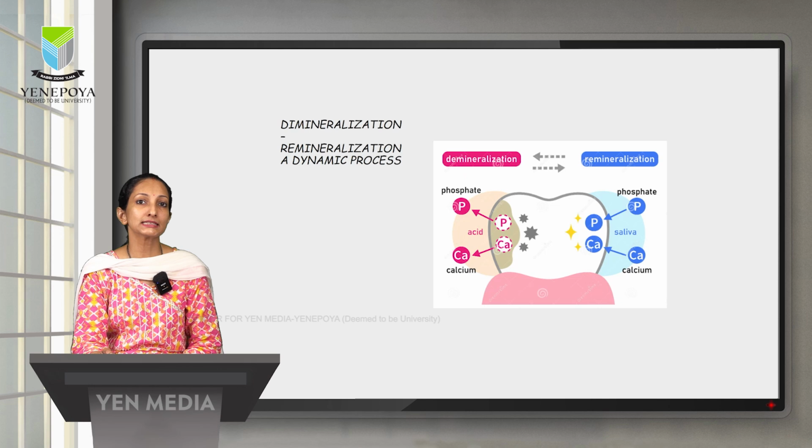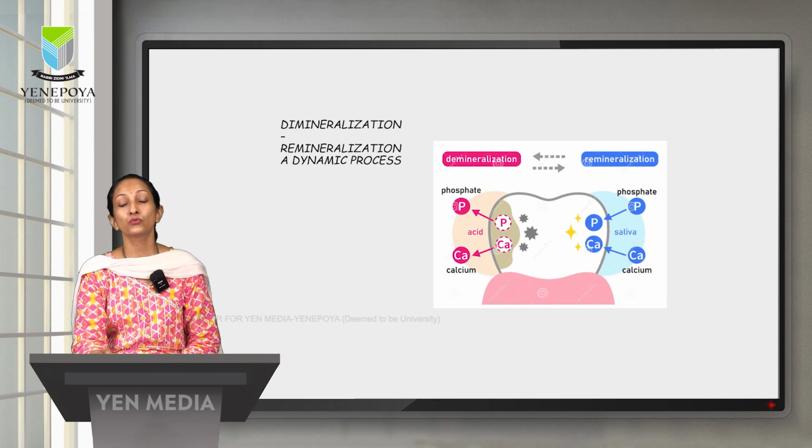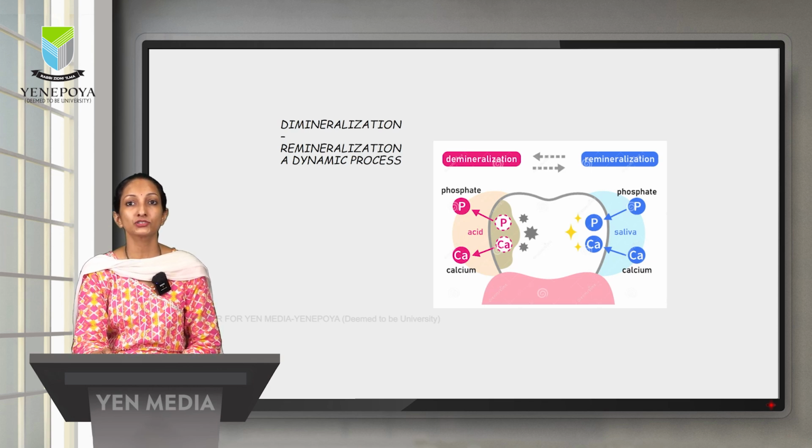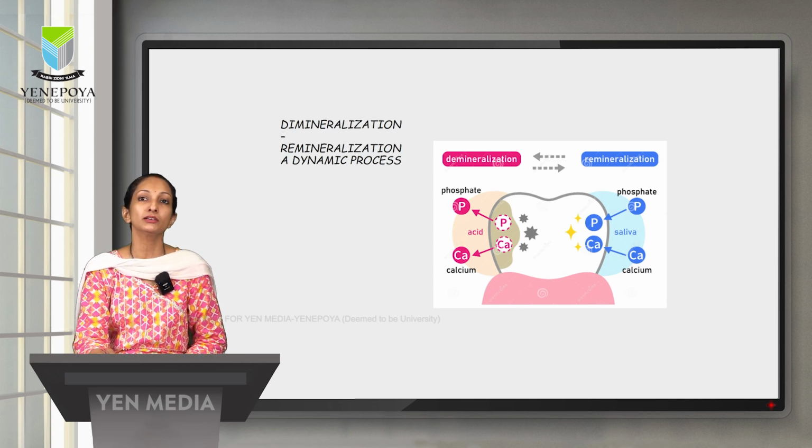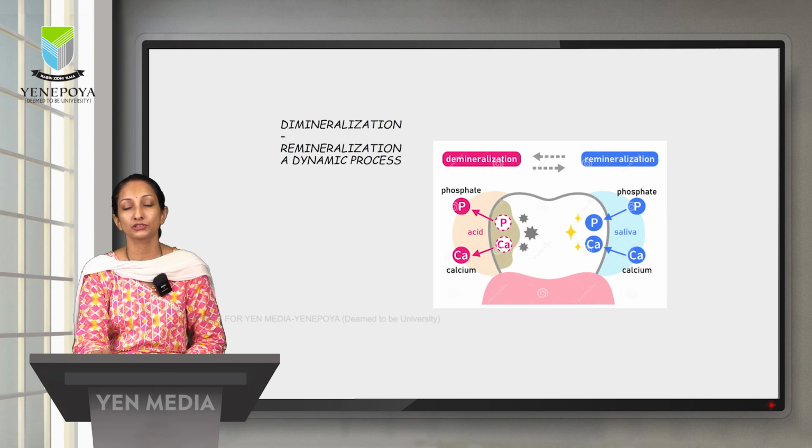Now, we all know that dental caries is a dynamic process of demineralization and remineralization. The fourth aspect of the caries triad, that is the tetrad, is the time concept, and that is nothing but the tilting of the scales between demineralization and remineralization.